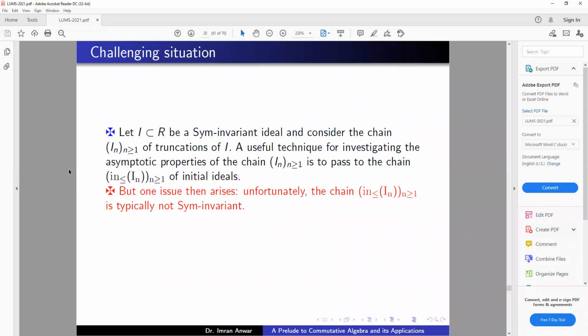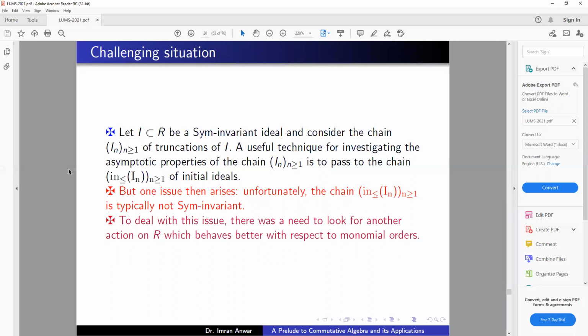To handle this challenging situation, a change in the Sym operator was needed. There was a need to look for another action on R which behaves better with respect to the monomial order.